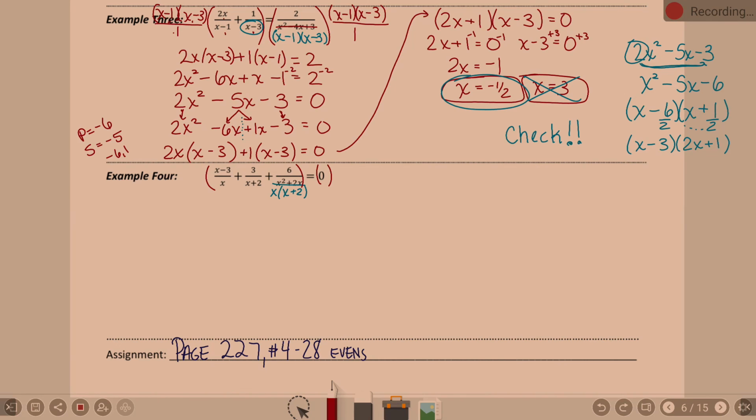So what do we need to multiply by? What are all the pieces that cover all of our bases here? An x and x plus 2. Everything's covered then, isn't it? So I'm going to multiply the left by x and x plus 2, and I'm going to multiply the right by x and x plus 2.